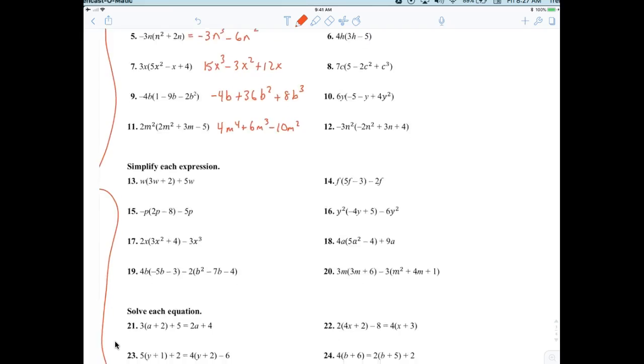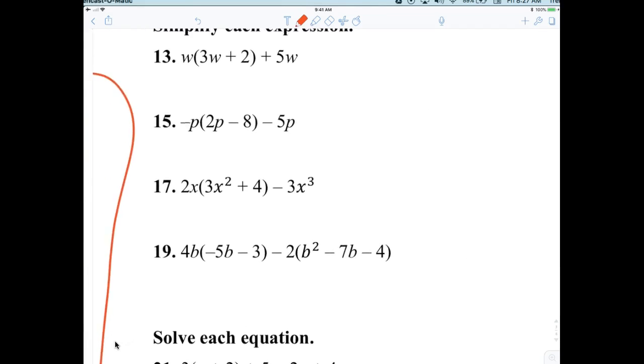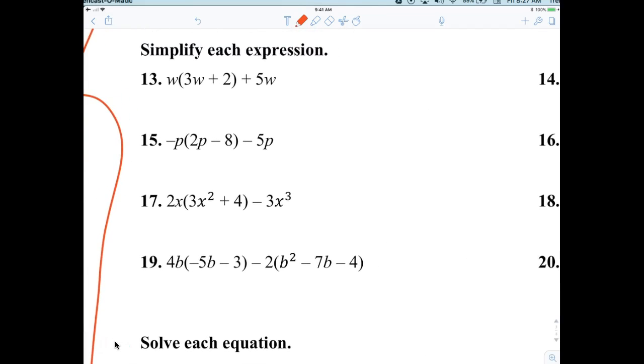All right, beautiful. Simplifying the expression. Now you have to distribute and combine terms. So we have 3w squared plus 2w plus 5w. Now notice there is no equals here for a reason. You're not solving.